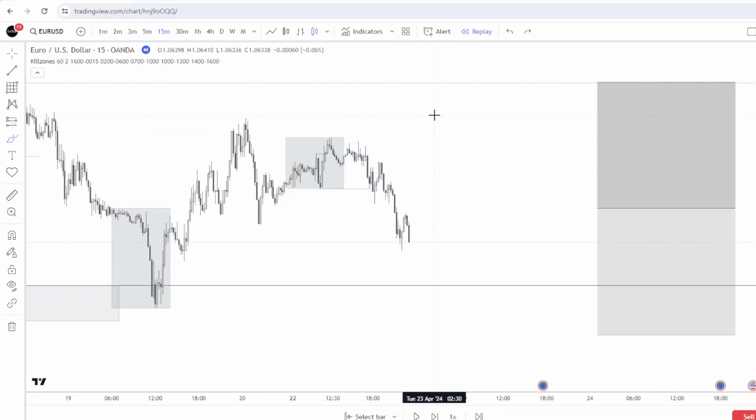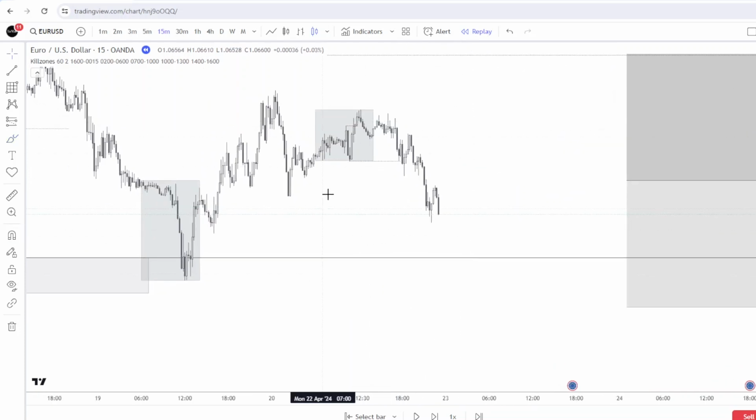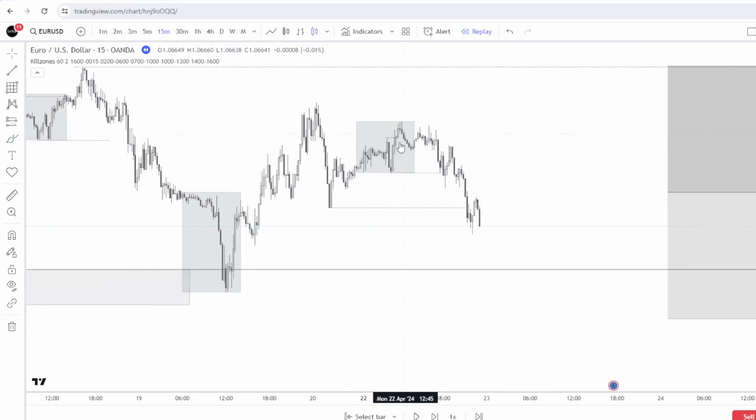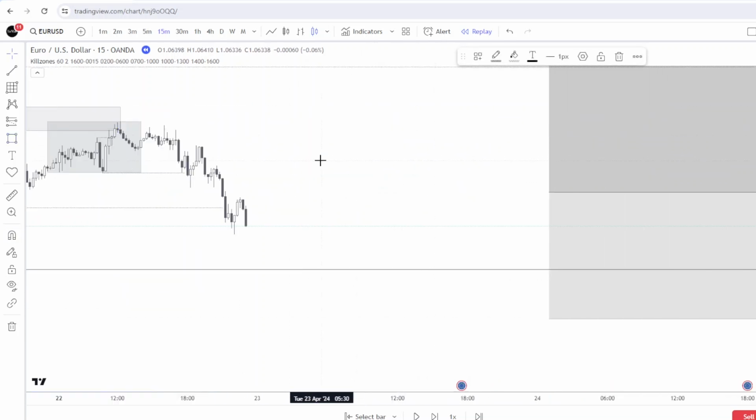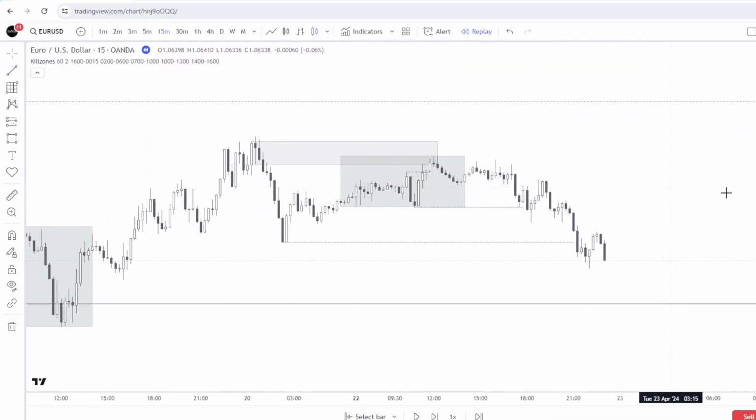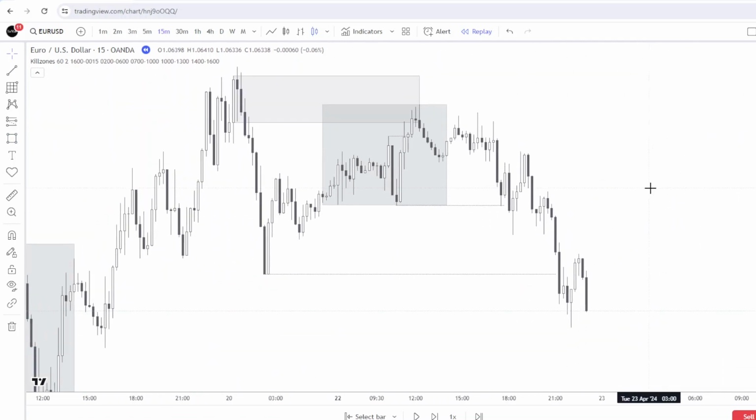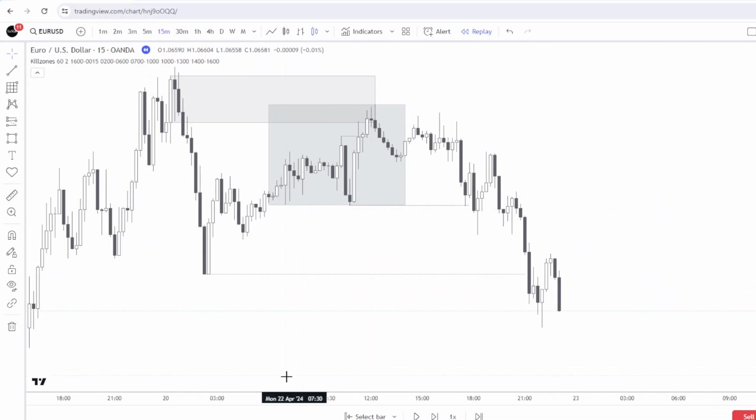Okay, so when that happened, I knew that this is most likely our target, this one, because we've had a QM and we've had a T2, and price had mitigated most likely this order block on M15 right there. So when we had this QM, you can see that this is a strong low on lower time frame, which is our M5.